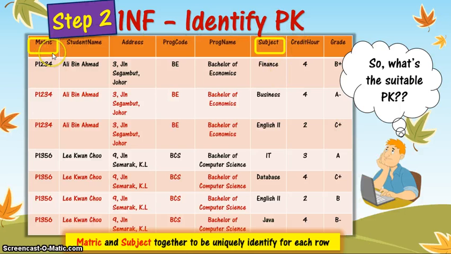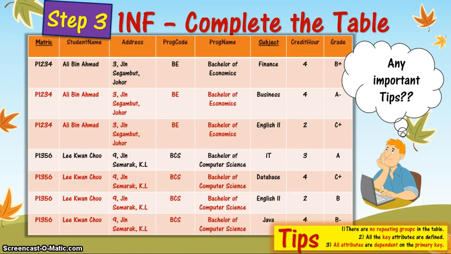Previously, remember we already identified the PK to determine the FDs. The PKs that are relevant are metric and subject. If you look here, once you identify the PK, the primary key, the difference compared to the previous table is that the attribute is not underlined yet.